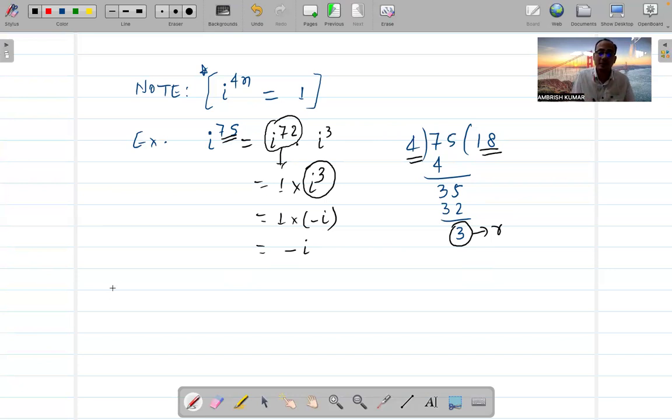So we can make a note here that the value of i to the power m equals i to the power r, where r is the remainder.